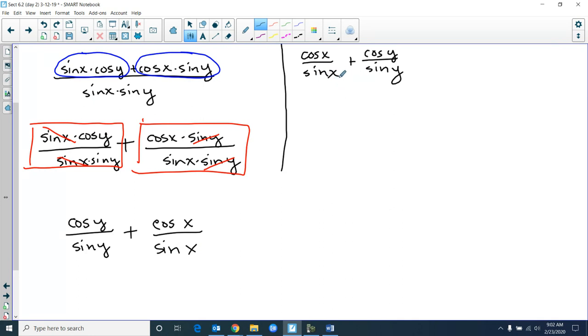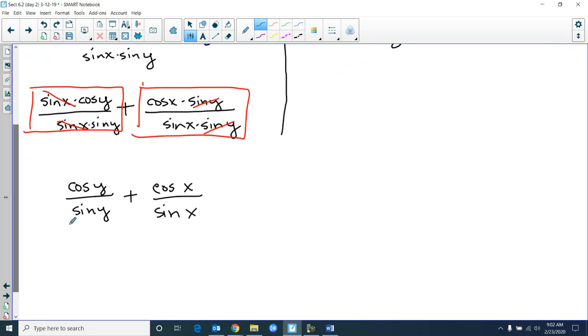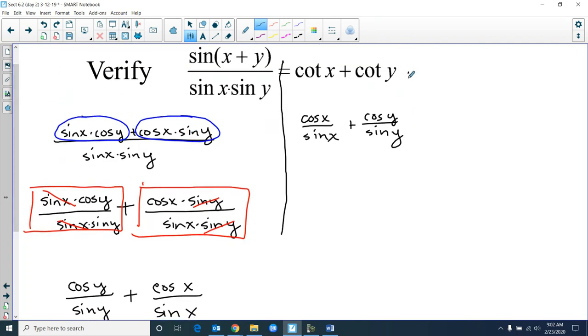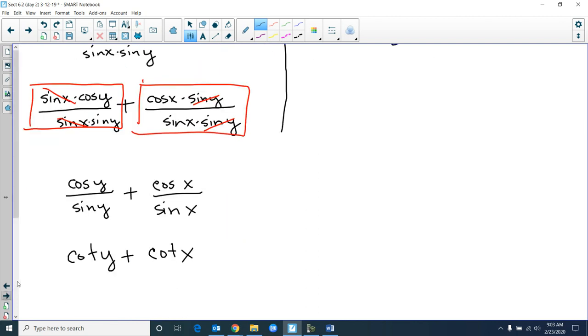Technically I could stop here, but just for fun, cosine of y over sine of y is cotangent of y plus cosine over sine, that is also cotangent of x, which is what we wanted to get from the beginning. So that's just another identity. And in this case, our sum or difference formula shows up. All right, go ahead in class here.